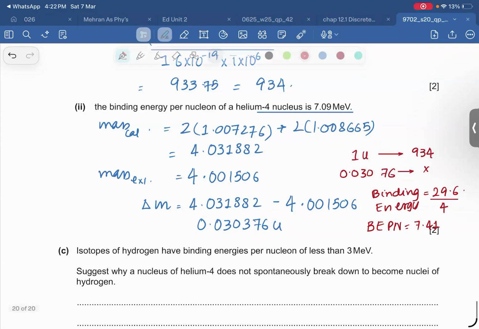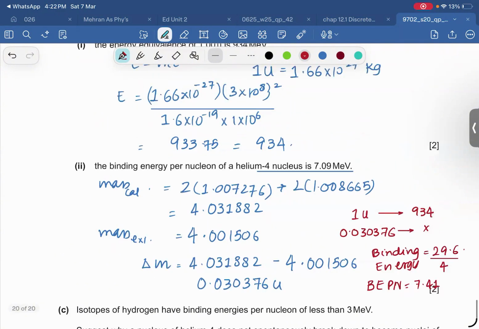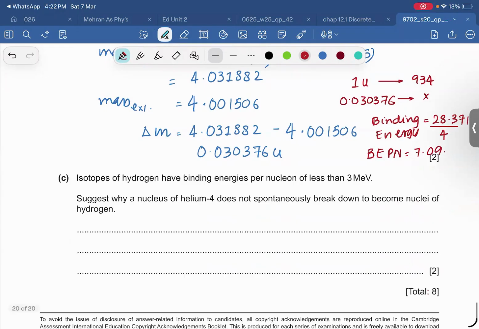Now with 0.030376 times 934, that is 28.371, divided by 4, so 7.09.